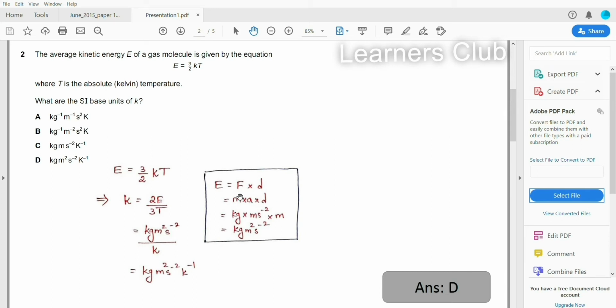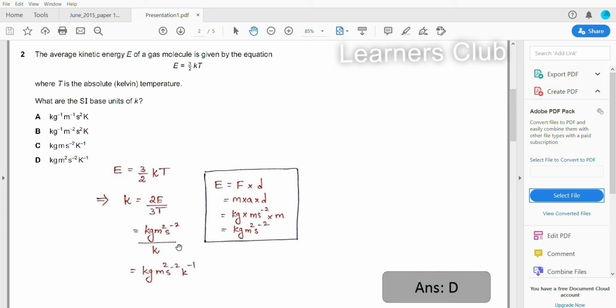The SI base unit of mass is kg, acceleration is meter per second squared, distance is meter. When you simplify, you get kg meter square s to the power minus 2. Substitute this in place of E here, and T is the Kelvin temperature, so that is Kelvin. 2 by 3 is a numerical value which does not have a unit, so we do not bother about this.